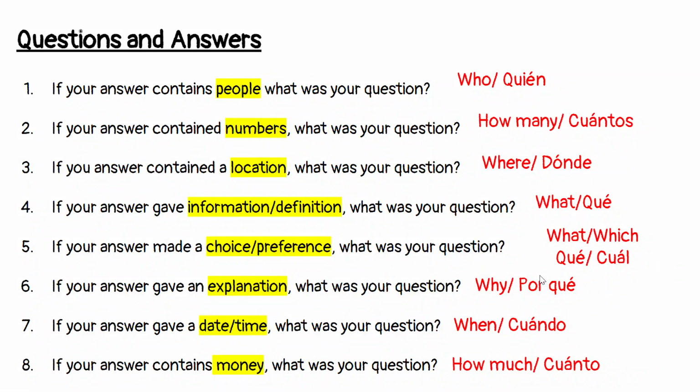If your answer was information or definition, then it was qué, what. If you made a choice or preference, it could be qué or cuál. This is where we're going to have to make the distinction today. If your answer gave an explanation, then your question was ¿por qué? Why? If your answer was a date or a time, then ¿cuándo? When? And if your answer contained money, it was cuánta.